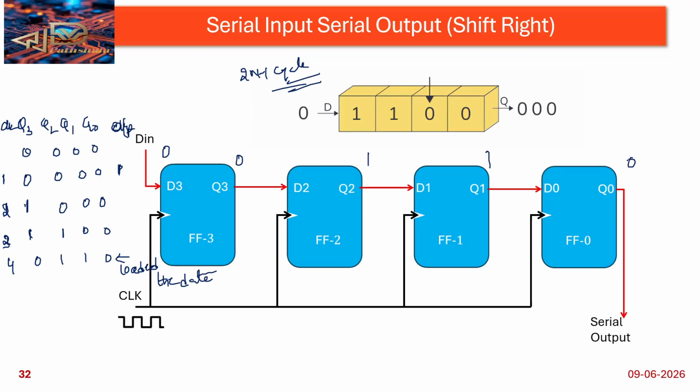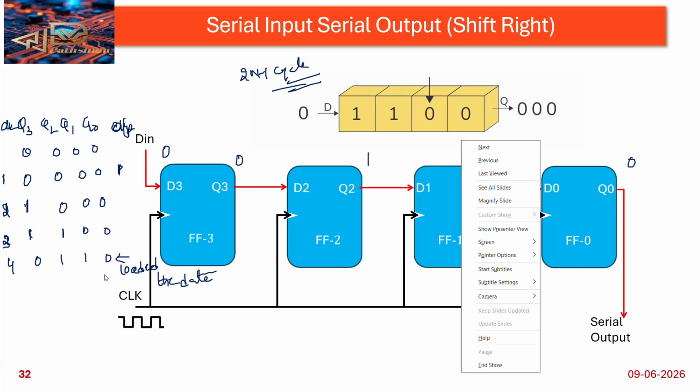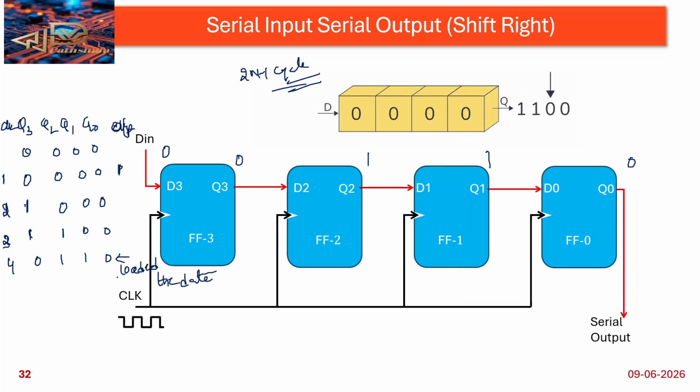Then in the fifth clock cycle, if we take the data out, I am getting the output 0 here, and then 1 is shifting here, 1 is shifting here, 0, and again 0. This is the fifth clock cycle. And the sixth clock cycle, 0, 0, 1, sorry, 0, 1.